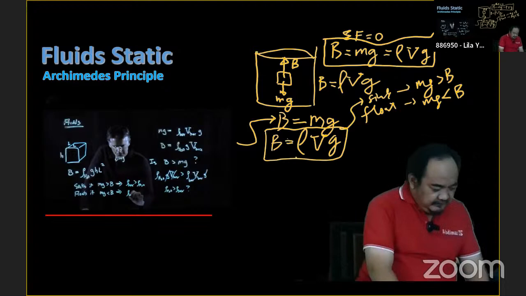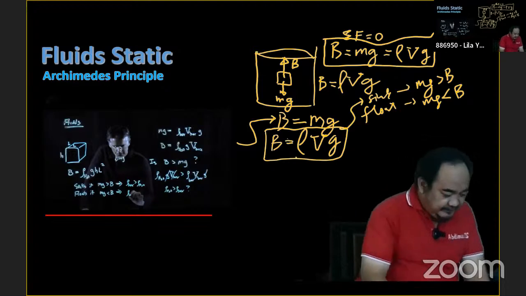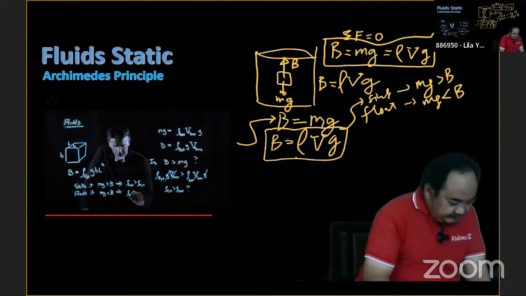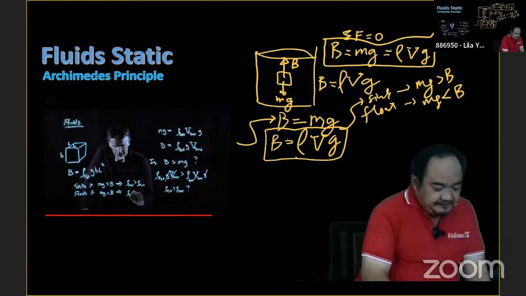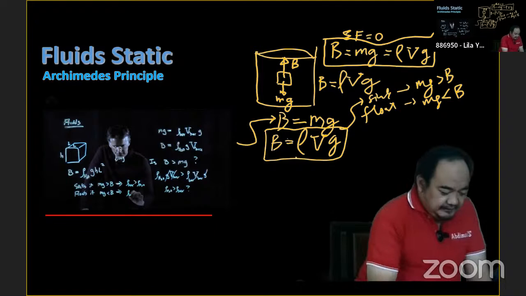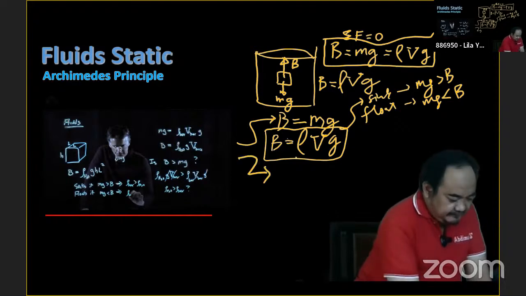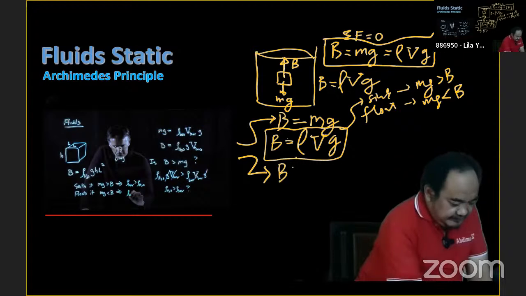Now you can compare the variables rho, m, and g to define if the object sinks or floats. You can see from the video how to calculate whether the buoyant force is greater than mg or less than mg.